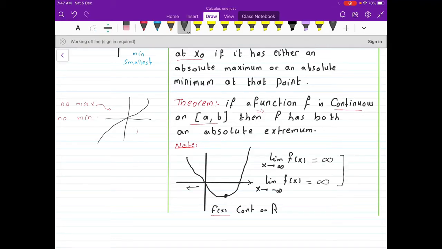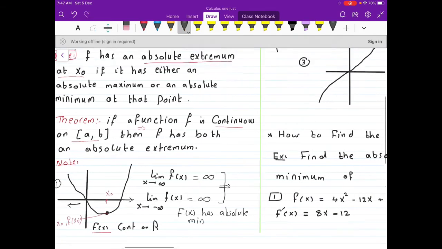This function has an absolute max or minimum depending on the behavior of the function as x approaches infinity and minus infinity. It is obvious from the graph that f of x has an absolute minimum. Notice the absolute minimum is at this point x naught, so the absolute minimum occurs at the point x naught, f of x naught.